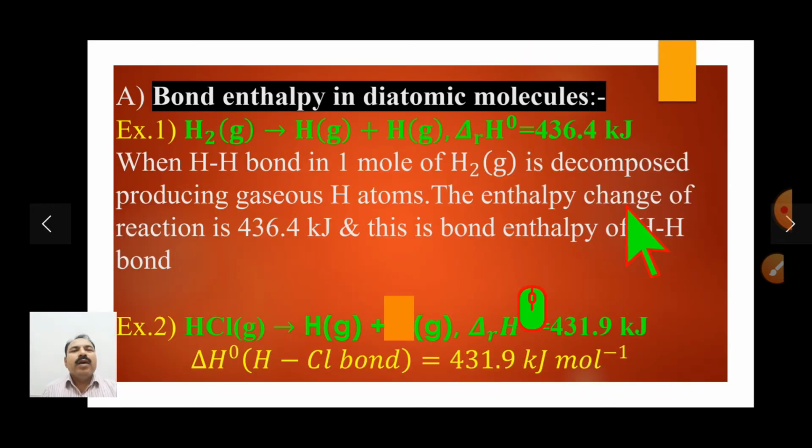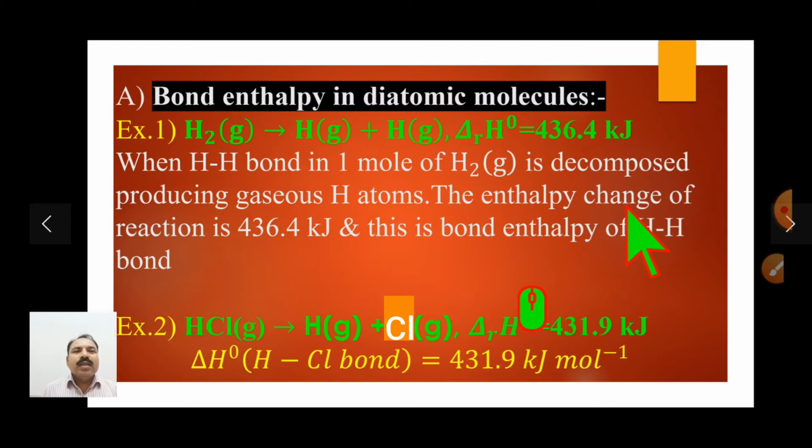Now we can see the examples of bond enthalpies. Firstly, bond enthalpy in diatomic molecules. In this case, the first example is the decomposition of hydrogen gas molecules.